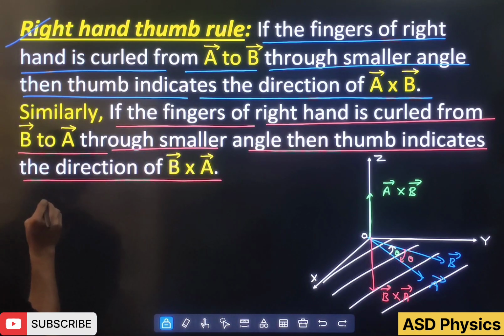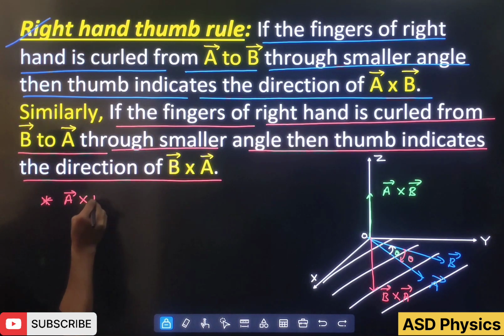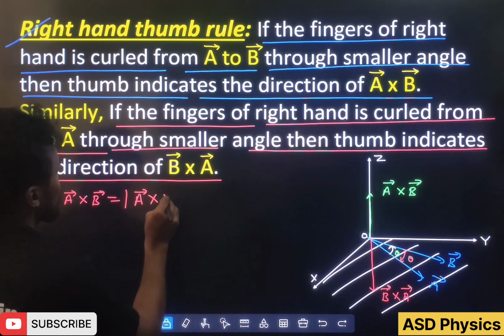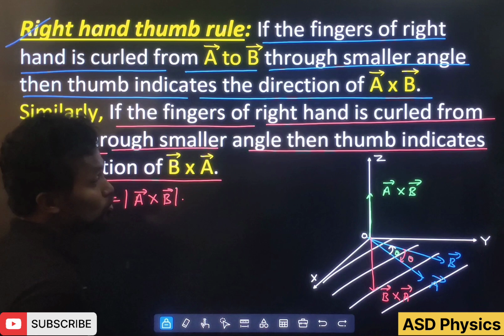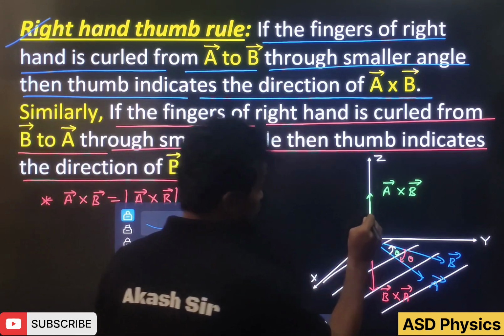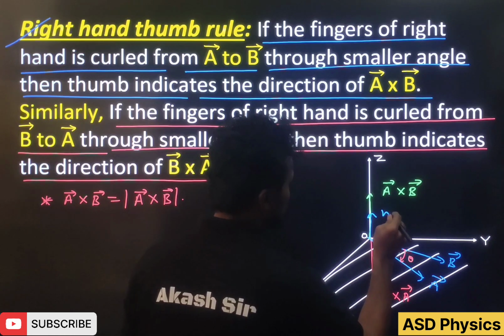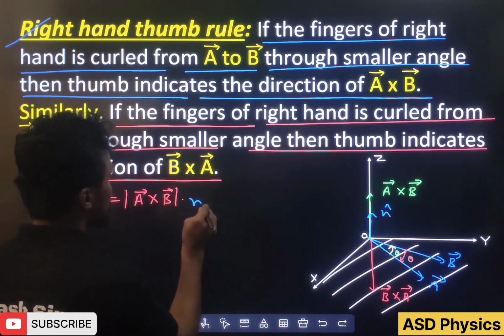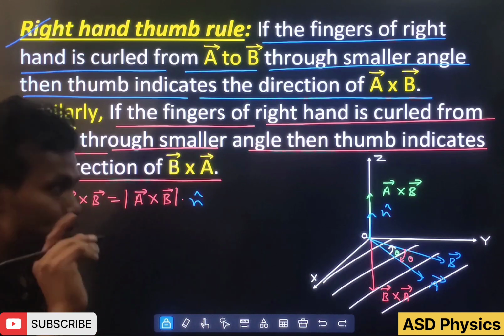Now students, if I write here, I can say this A cross B is given by mod of A cross B into the unit vector in this direction. As I have told you, students, this unit vector should be K cap, but okay, generally I am writing N cap. So I have to multiply by N cap. Okay.